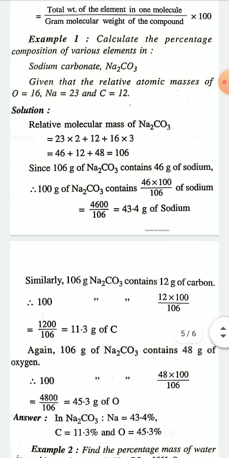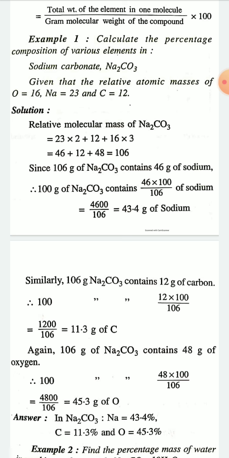Similarly, in sodium carbonate, sodium atoms, carbon atoms and oxygen atoms are present. So first you have to calculate the molecular weight or molecular mass of the given compound, and find out the mass of each element present in one molecule of that compound.